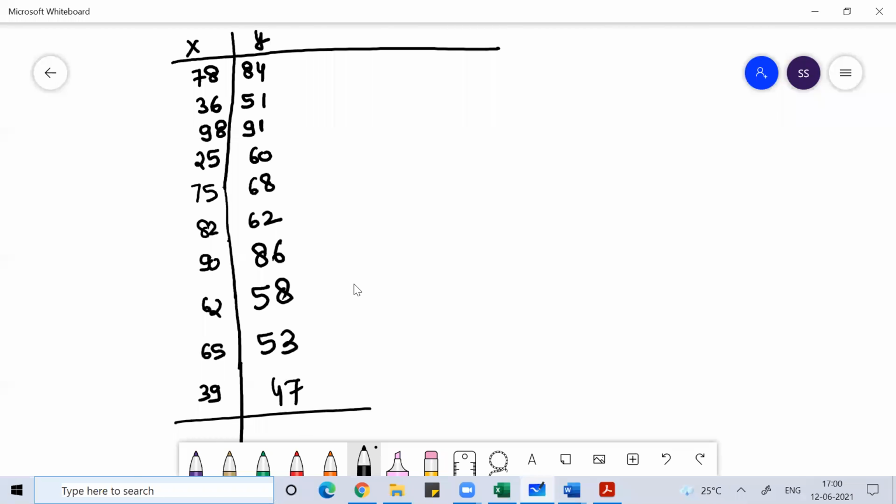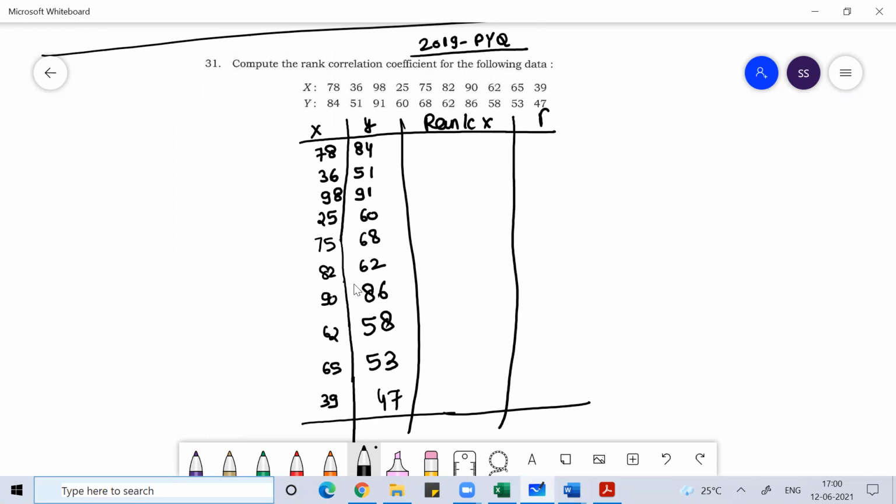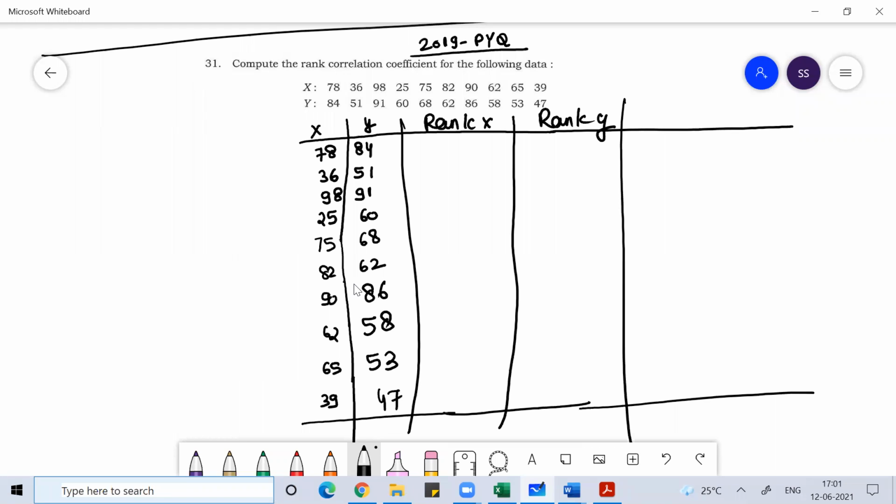Okay, guys. Once you get the value of X and the value of Y, you can find the rank of X and the rank of Y, in ascending order or descending order. We'll give the rank in descending order.